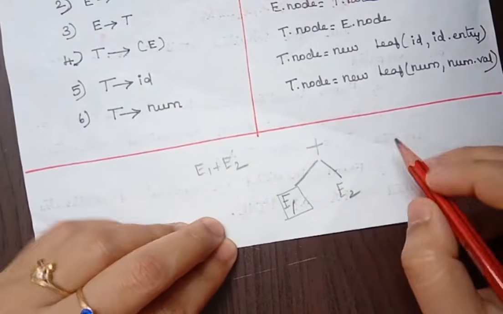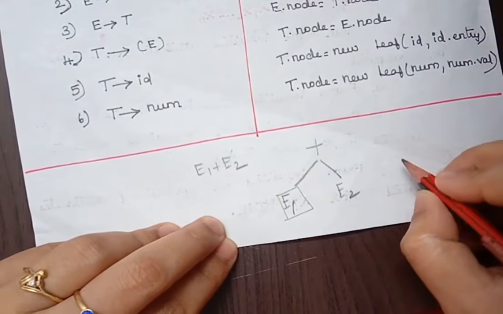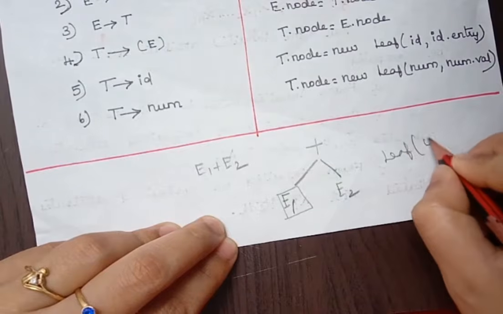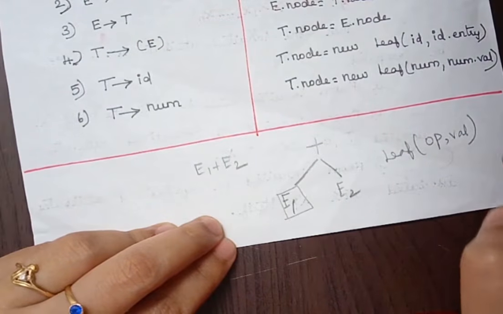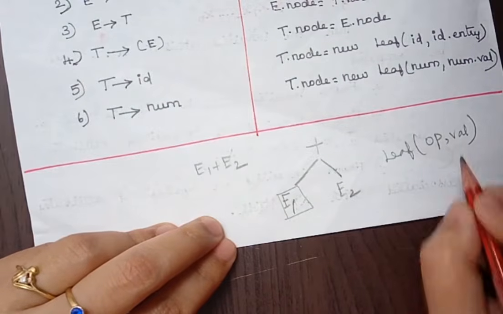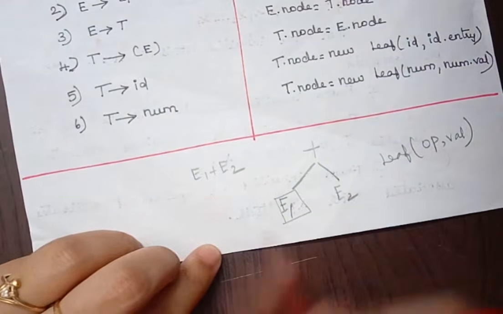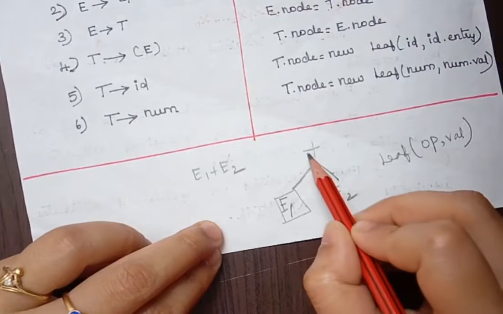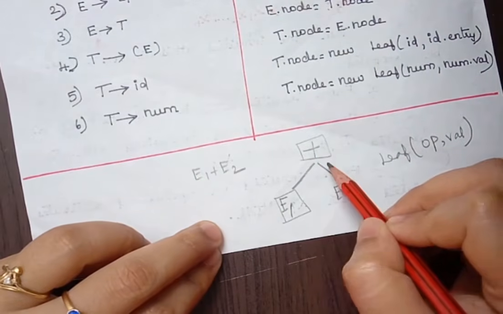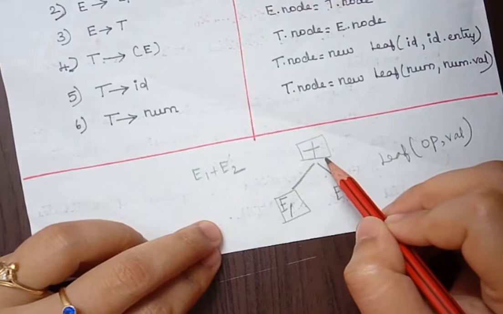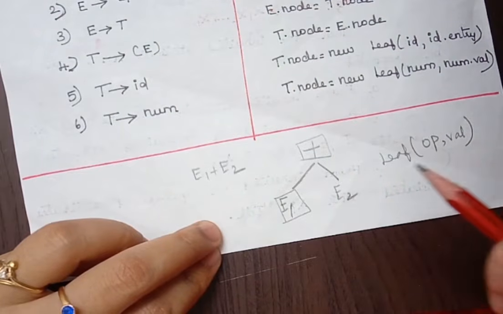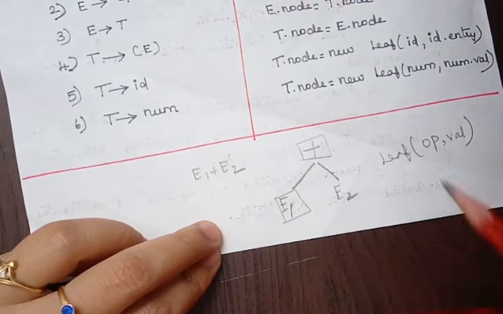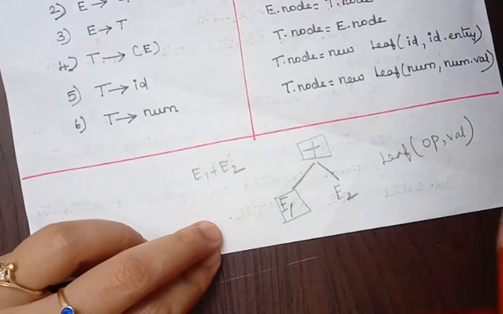Here we are using the function leaf of operator comma value. This function is used to create a leaf object. Then if the node is an interior node, we have additional fields based on the number of children of that node in the syntax tree.